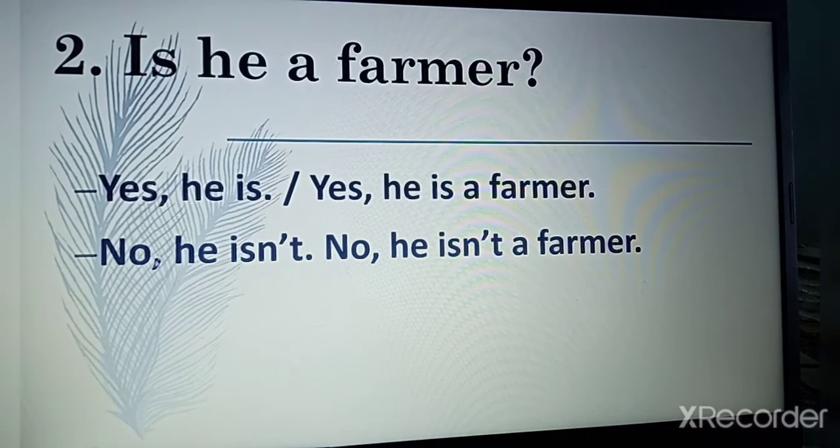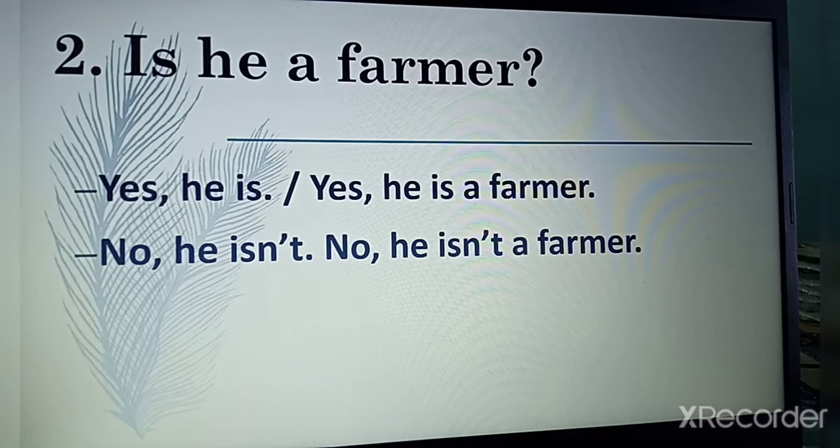And if your answer is no, no, he isn't. And what does isn't mean? Isn't means is not. Therefore, it is a negative statement. No, he isn't, or no, he isn't a farmer. Both of these are correct. Or yes, he is, or yes, he is a farmer.